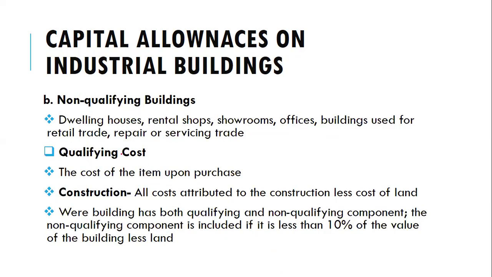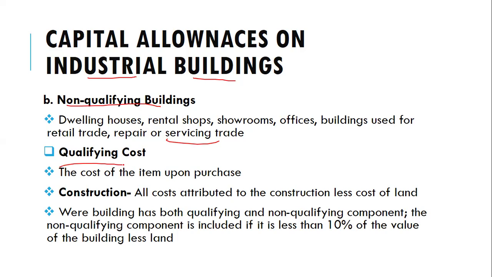Then non-qualifying buildings, that's for industrial buildings: dwelling houses, rental shops, showrooms, offices, buildings used for retail trade, repair, or servicing trade. So basically, the commercial buildings are non-qualifying buildings for industrial purposes. And then the qualifying cost.